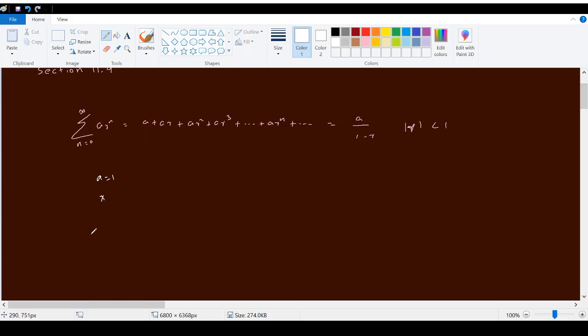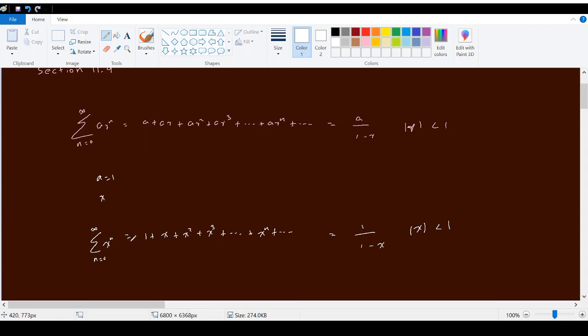Then what we have will be x to the power n starting from n equals 0, and that means this series will be equal to 1 divided by 1 minus x, where the modulus of x is less than 1, right?